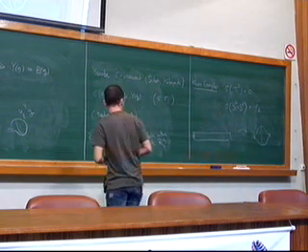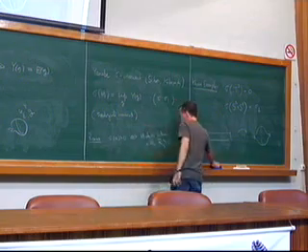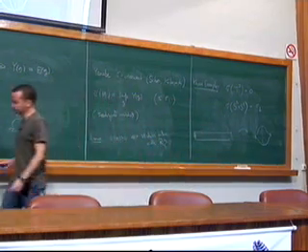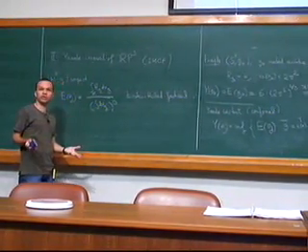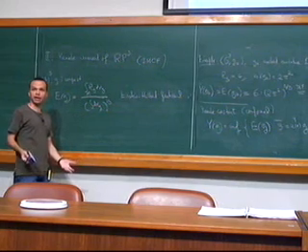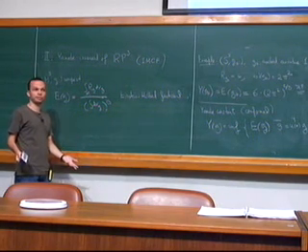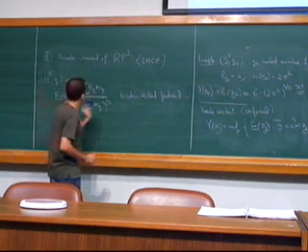Okay. So what I'm going to talk about is a conjecture due to Schoen. The conjecture is that metrics of constant curvature should realize the Yamabe sigma invariant.